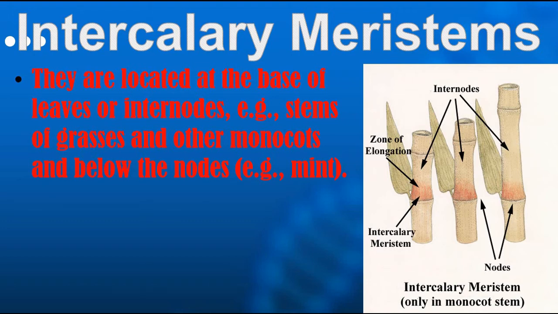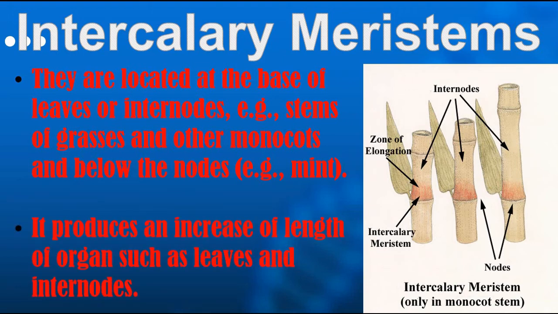Even the name suggests it: intercalary refers to internodes. The intercalary meristems produce an increase in length of organs such as leaves and internodes. If it is present in the internodes, of course it increases the length of the particular organ.